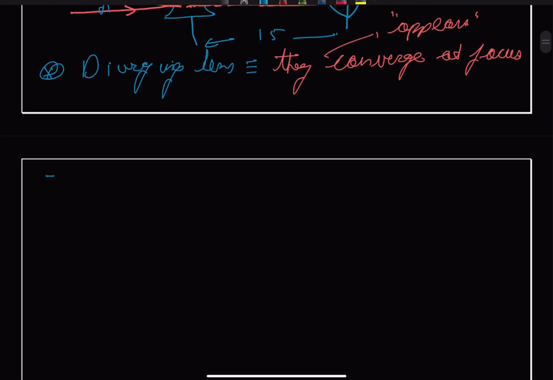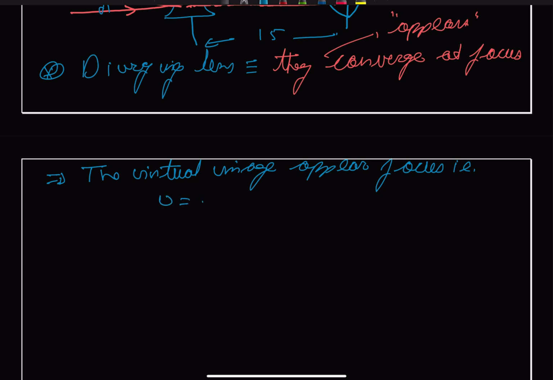So we can say that the virtual image appears at the focus. That is, we can say that our V will be equal to minus 25 centimeters.